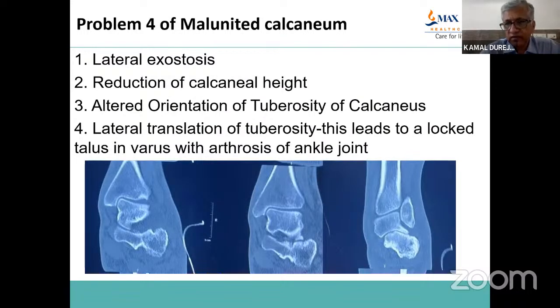And there is a different subset whereby the tuberosity is just getting translated laterally. Instead of lying under the tibia, it has come to lie lateral to the tibia. Almost the whole of the tuberosity, or 60% of the tuberosity, is lying under the fibula.